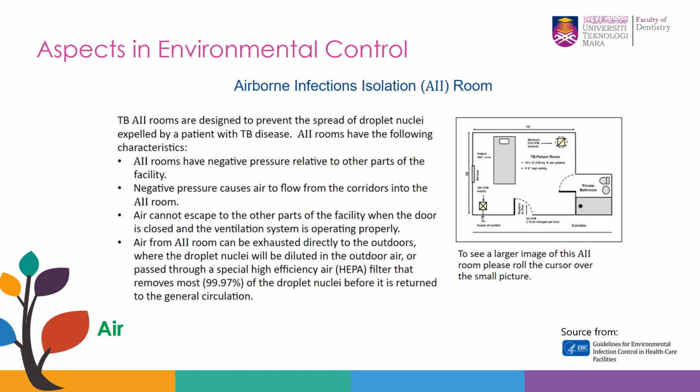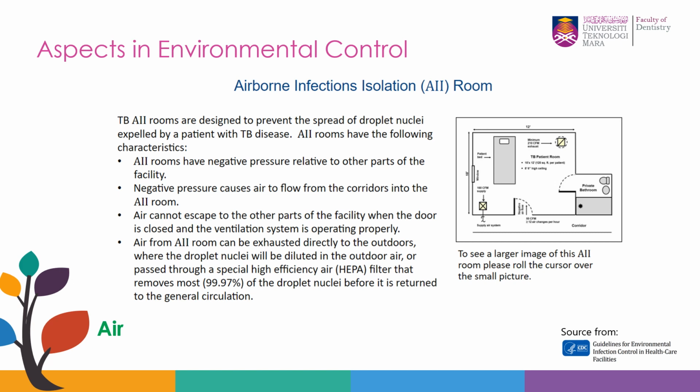One, negative pressure relative to other parts of the facility. The negative pressure causes the air to flow from the corridors into the AII room. So it means that the room air does not go out, but the air from the corridors comes in.